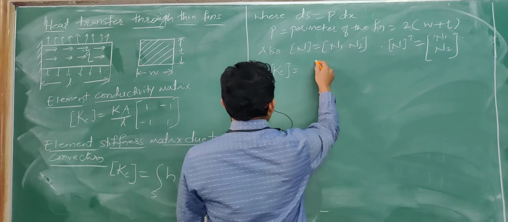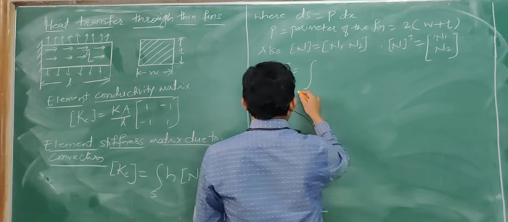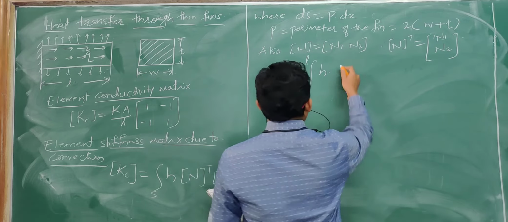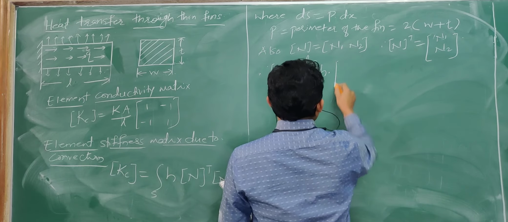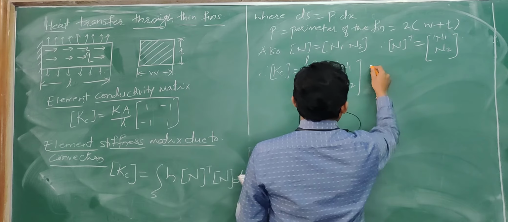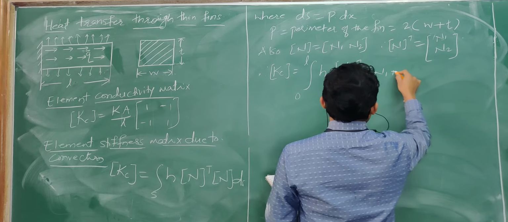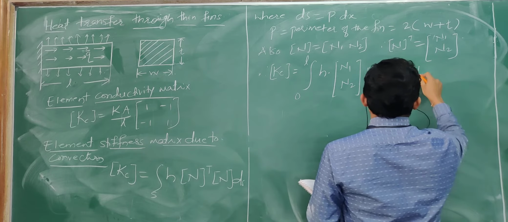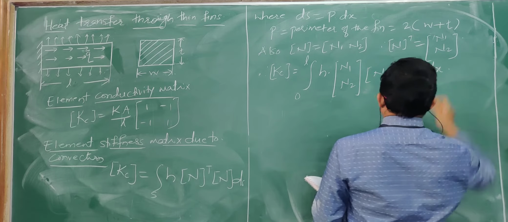Therefore Kc equals, now it is over the element, so limits are 0 to L, h into N transpose, that is [N1; N2], into [N1 N2]. Now this ds has been replaced by p into dx.